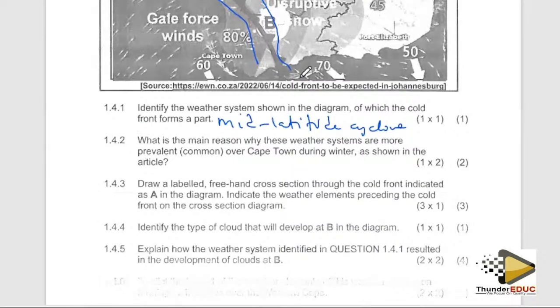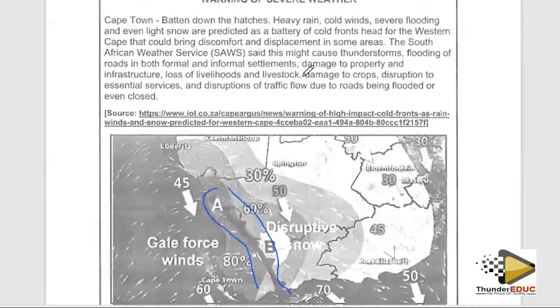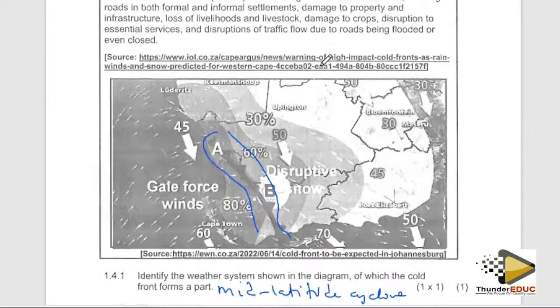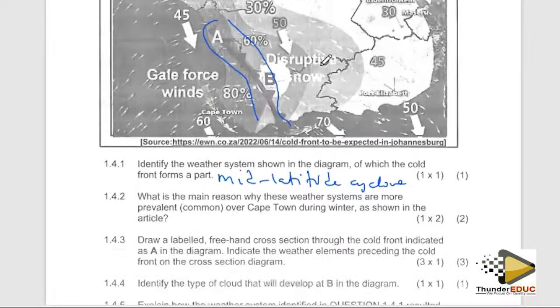Okay, let's check the article. All right, so according to the article, what is the main reason why these systems are more common over Cape Town during winter?